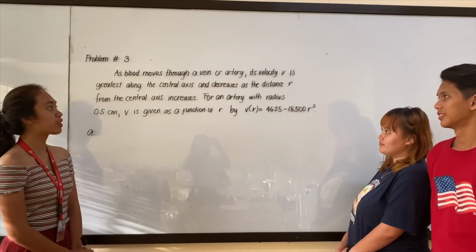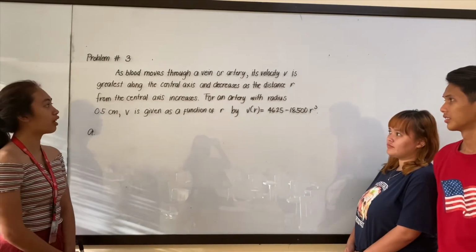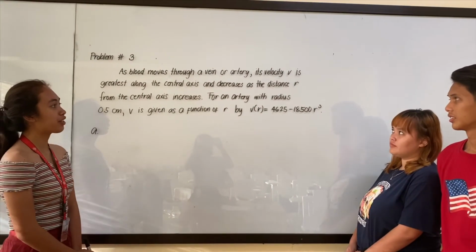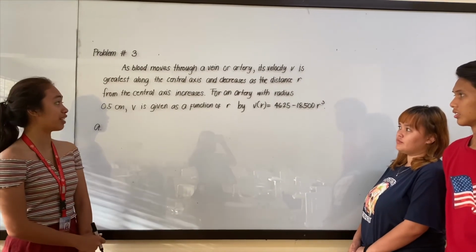As blood moves through a vein or artery, its velocity is greatest along the central axis and decreases as the distance r from the central axis increases.